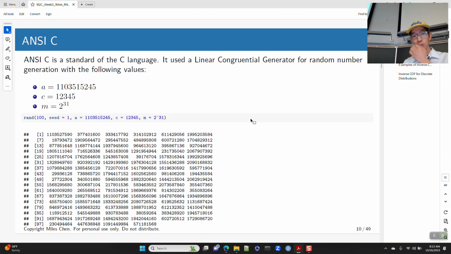And you can look up on Wikipedia the linear congruential generator, and it will show you some of the values for A, C, and M that were used for different computing languages. So early days of the C computing language, this is how it generated random numbers.